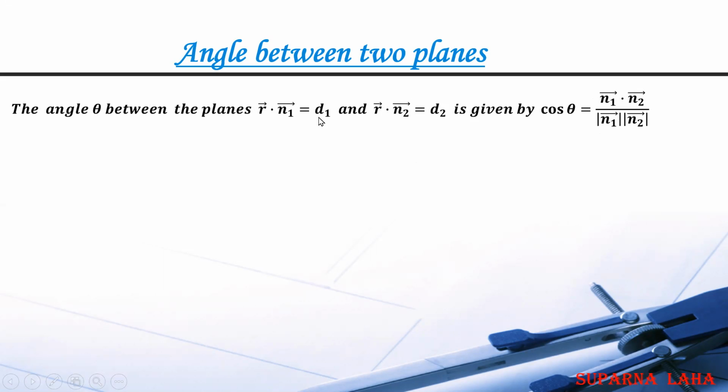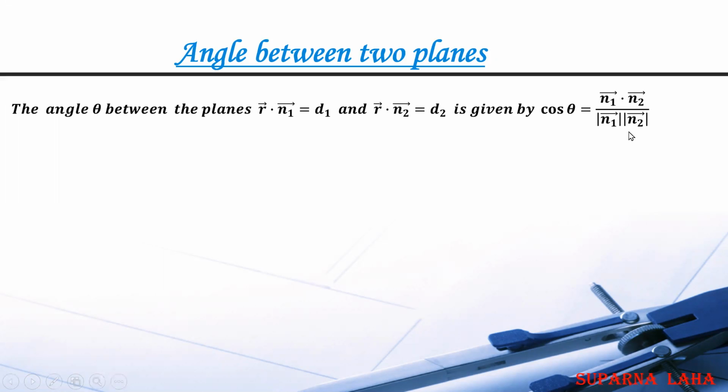Now, if the angle between two planes is theta, then the angle between their normals is also theta. So the cos theta between two vectors n1 and n2 is given by their dot product divided by the multiplication of their mod values.